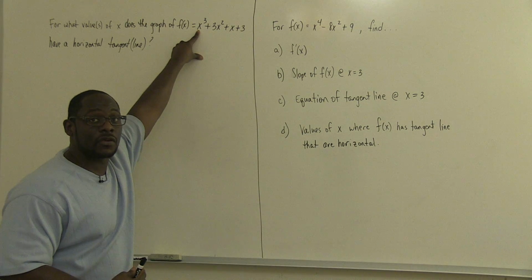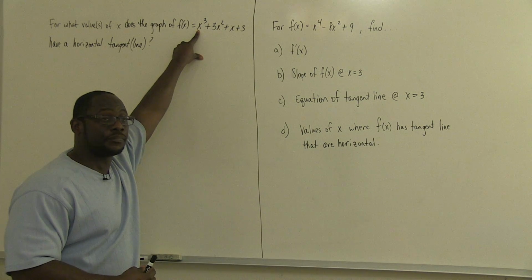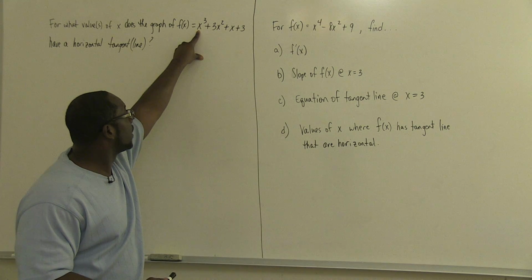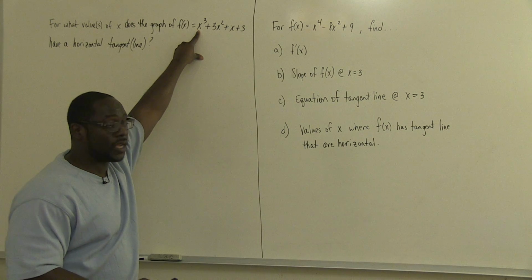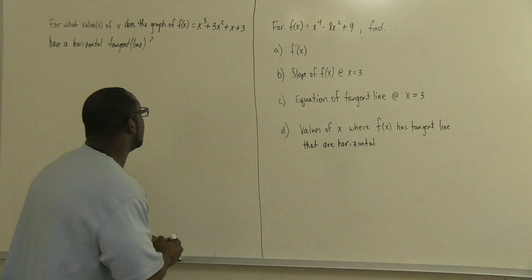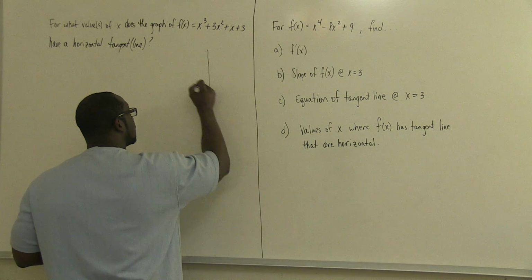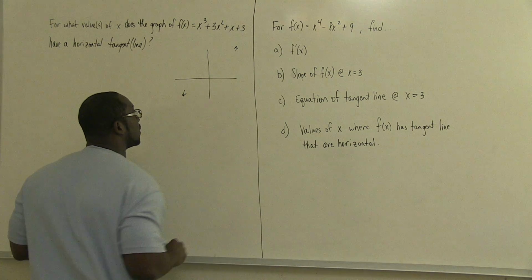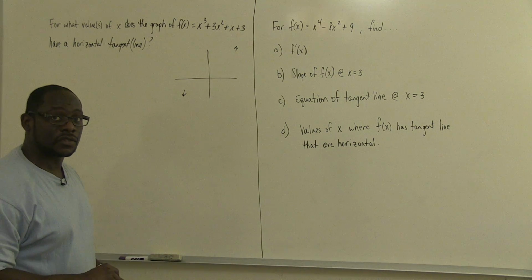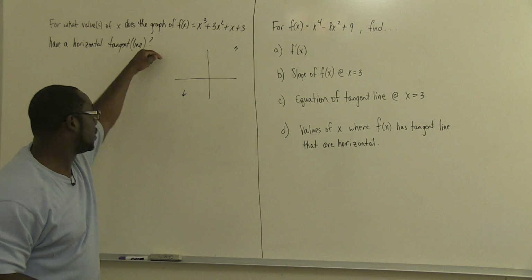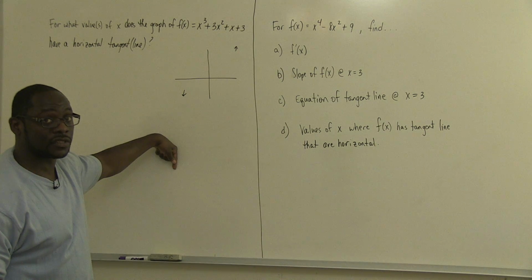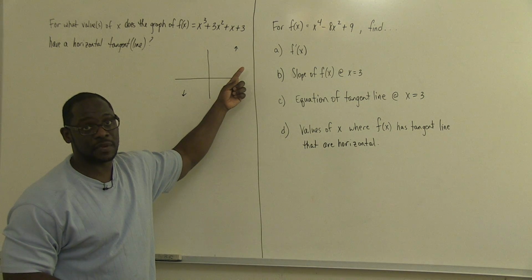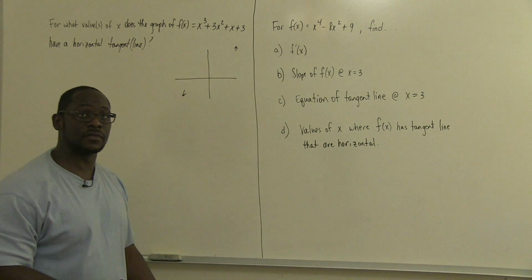Our leading term here is x cubed, and since the leading term is a positive x cubed, if we were drawing the graph of this, we know that its end behavior would look something like this. As x approaches negative infinity, the graph of this function goes down to negative infinity, and vice versa. As x approaches positive infinity, the graph goes up to positive infinity.